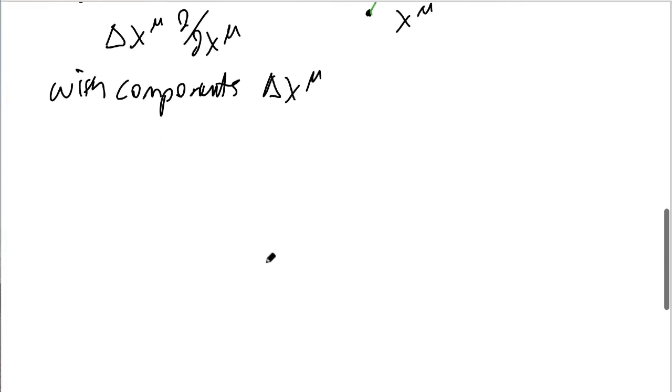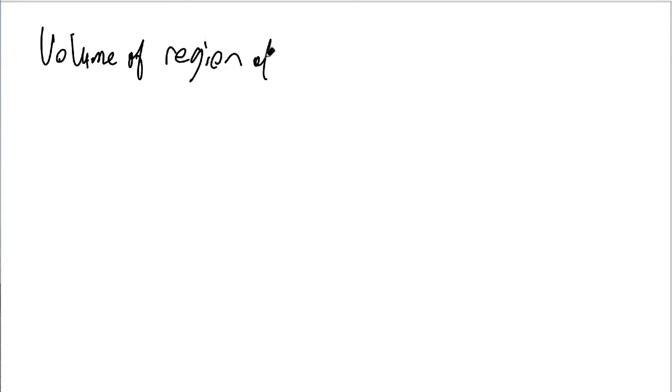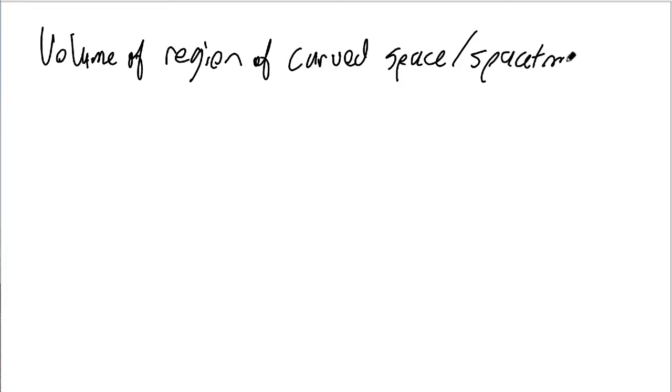Now let's turn to the question of how we compute the volume of a region of space or space-time when it's curved. And by the way, the term volume here is used generically, independent of what the dimension might be.